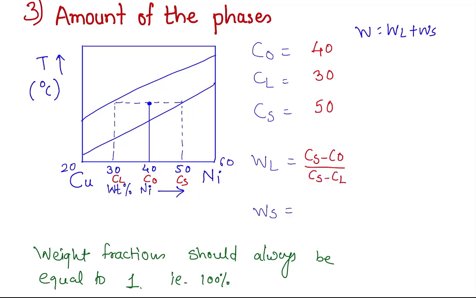Similarly for solid, you have to neglect this. These two are remaining, Cl and C0. So C0 minus Cl, because Cl is smaller than C0, upon Cs minus Cl. If we solve this, Cs minus C0, that is 50 minus 40 upon 50 minus 30, that is equal to 10 by 20, which is equal to 0.5.